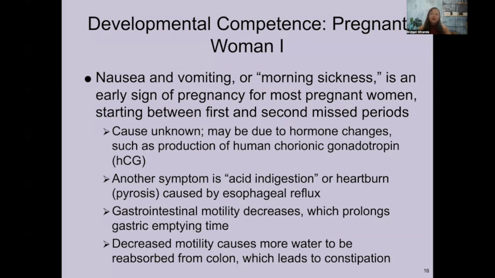Another thing to think about is that because of this decreased motility, more water is absorbed back into the colon instead of being inside the intestines itself. And so that is what leads to the constipation that women experience during pregnancy.